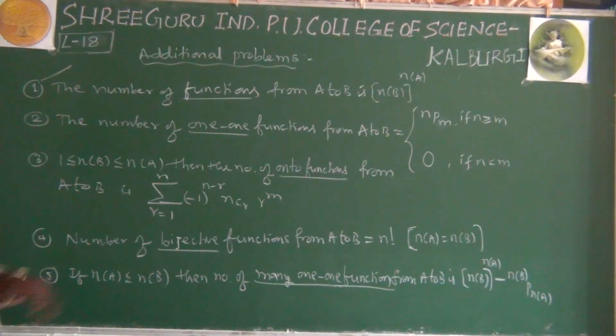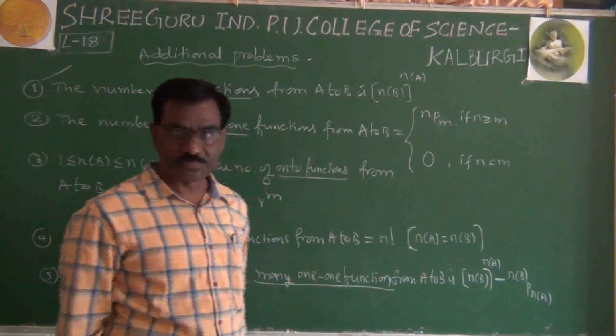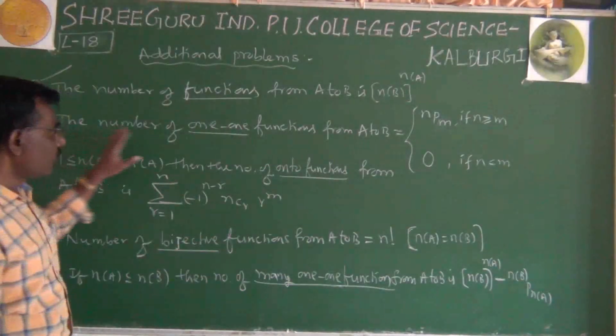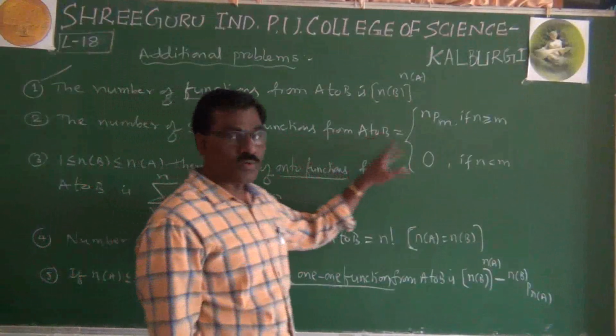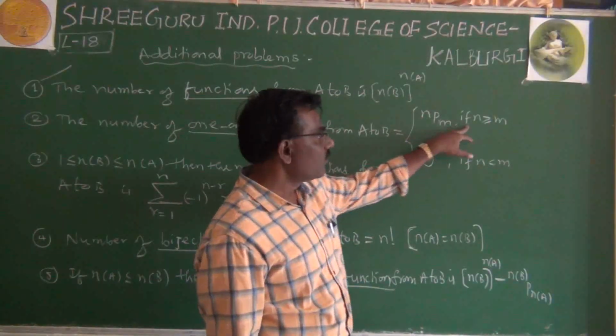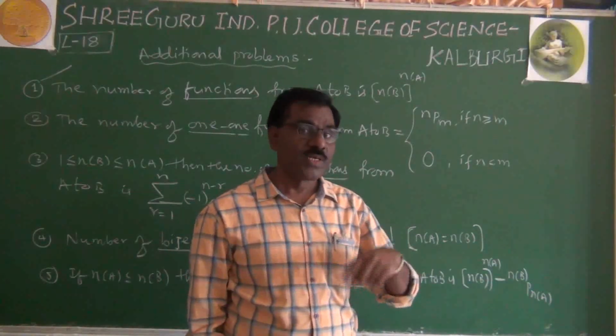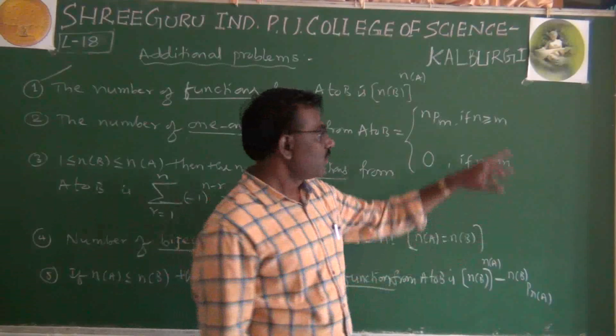And what is the second point? The number of 1-1 functions from set A to set B. There are two answers: nPm if n is greater than m. What is n? The number of elements of set B. What is m?